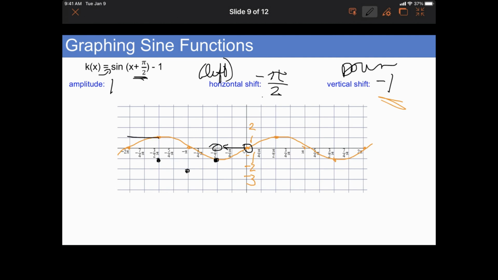This one is 2 over and down 1, right? So this way, I really should have started on that side. It's okay. So 2 over and 1 down. 2 over, 1 down. Okay. And so we are going to go here.